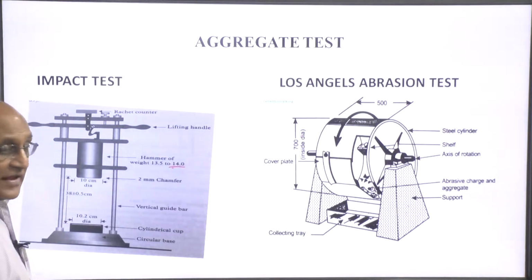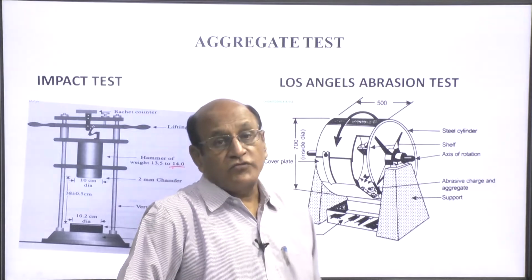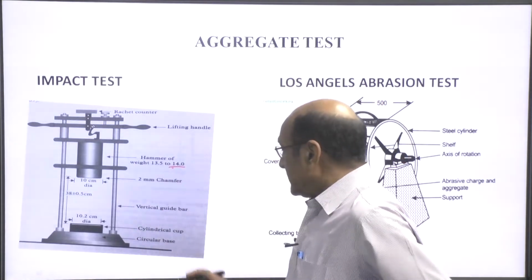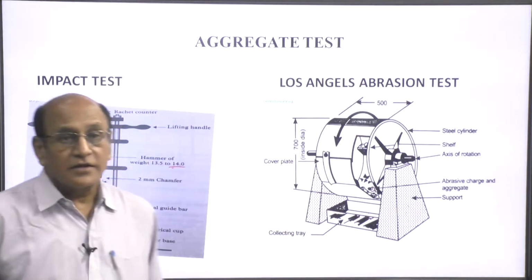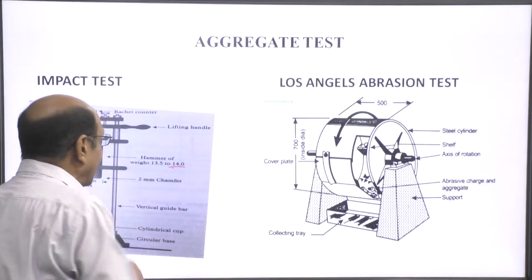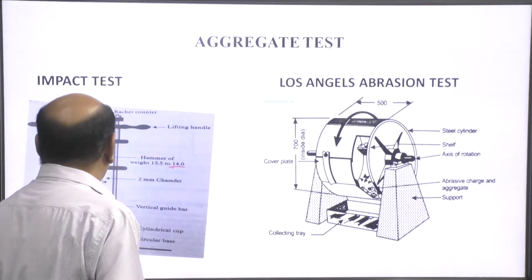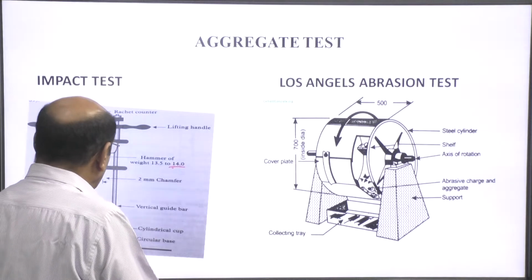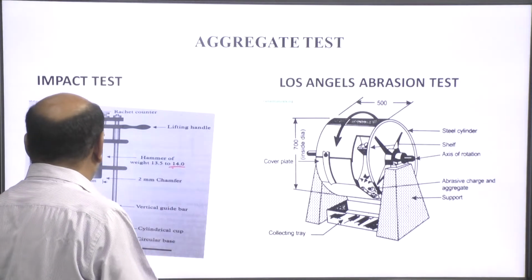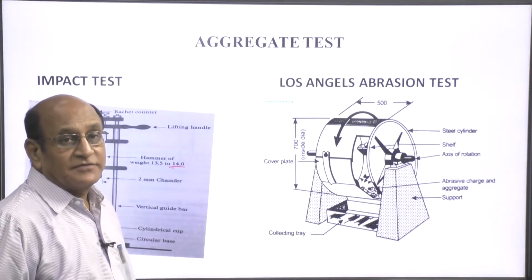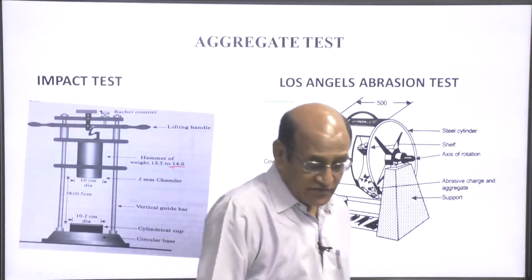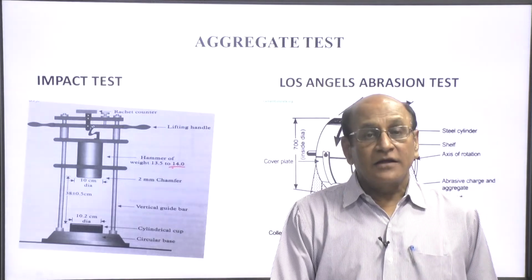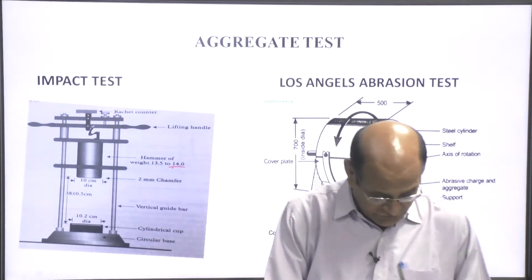The sample is again passed through 12.5 sieve and retained on 10 sieve. The sample is again compacted in 3 layers of 25 blows. Now, the hammer is released through the vertical guide bars for 15 times and again the sample is withdrawn from the cup and then it is passed through 2.36 sieve.